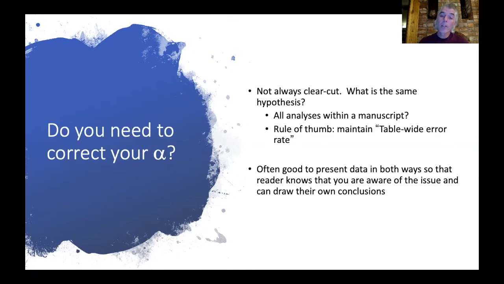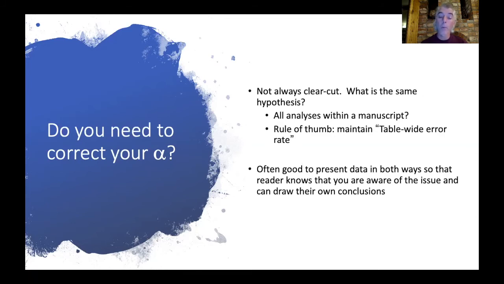Now, it's not always so clear-cut to know when you need to correct your alpha for multiple tests and when not. Sometimes it's not so clear what represents the same biological hypothesis and what are statistical tests of unique biological hypotheses. Are all of the analyses within a single manuscript the tests of a single hypothesis, or are there multiple hypotheses within that manuscript?